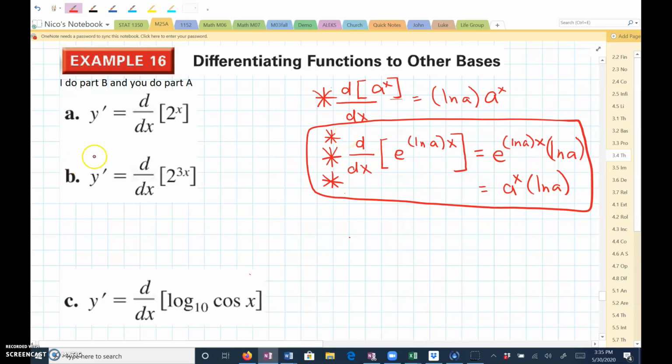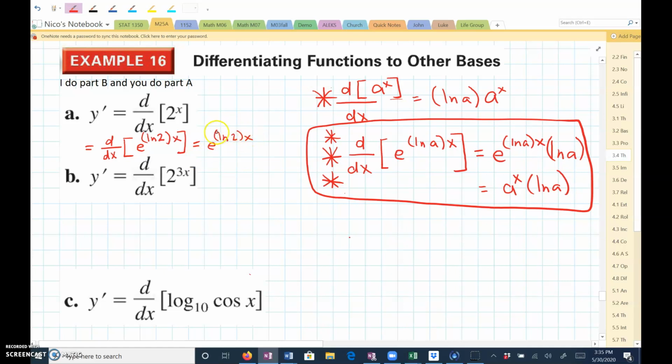Okay, so for this one, I'm going to rewrite this as the derivative of e to the natural log of 2 times x with respect to x. And then when I take the derivative of e to the natural log of 2 times x, that's going to be e to the natural log of 2 times x.